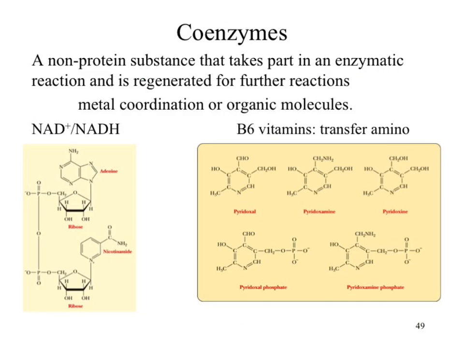Last part of whatever this chapter was, I think chapter 7, is they make reference to coenzymes. So these are things that are not part of the protein, but help the enzymatic process. Okay, so let's take a look at NAD plus and NADH.